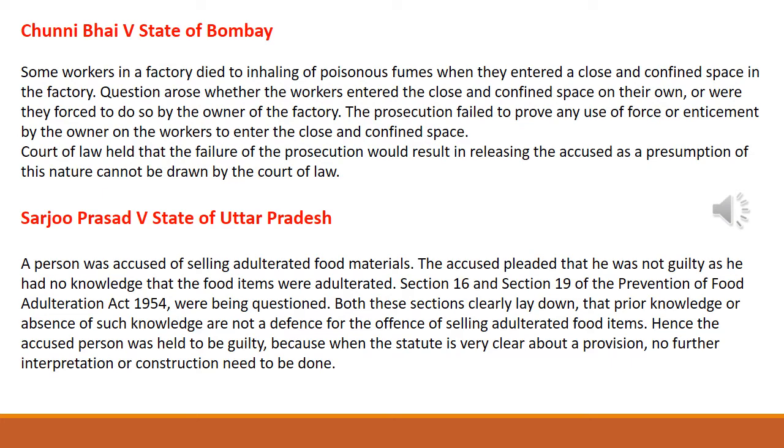In another case of Sarju Prasad versus State of Uttar Pradesh, here what happened? A person was selling adulterated food materials. So, as per section 16 and section 19 of the Adulteration Act 1954, even if the person knows or is without prior knowledge, if he sells the adulterated products, he will be penalized.